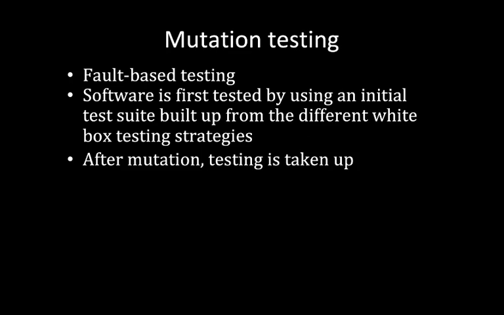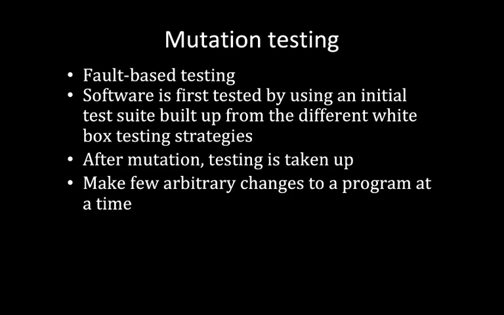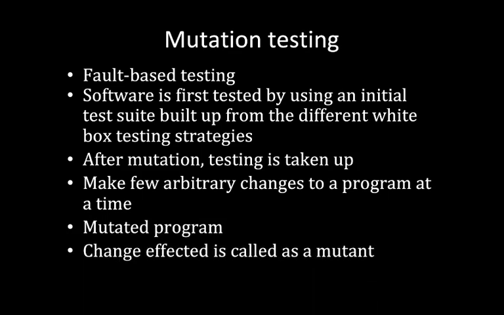We randomly change the order of statements, put some values here and there. That is, we perform mutation of the program. We make a few arbitrary changes to a program at a time. That changed program is known as a mutated program, and the change made is called a mutant.